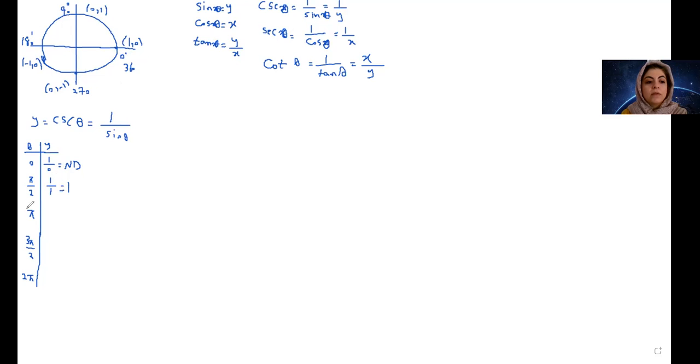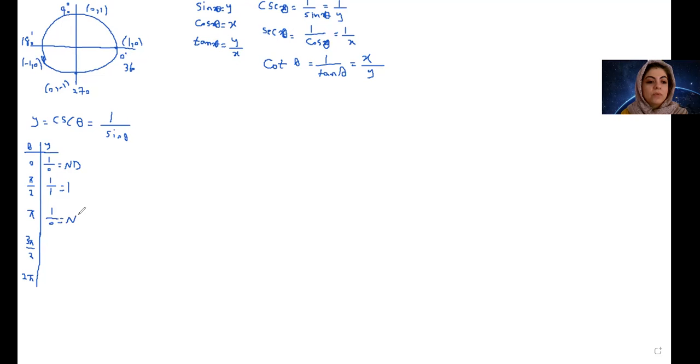Now do for pi, 180. Cosecant of 180 is 1 over what? Y component. Here, y component is what? 0. 1 over 0, again, 0 is in denominator, is not defined.